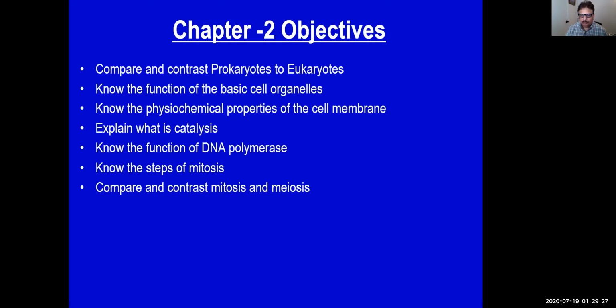Organelles are those small units within a cell that help the cell to function, and that we will see. And then know the physiochemical properties of the cell membrane, which essentially means looking at a detailed picture of a lipid molecule, enzyme catalysis, and then the second part would be DNA polymerase, mitosis, and meiosis, as I discussed before.